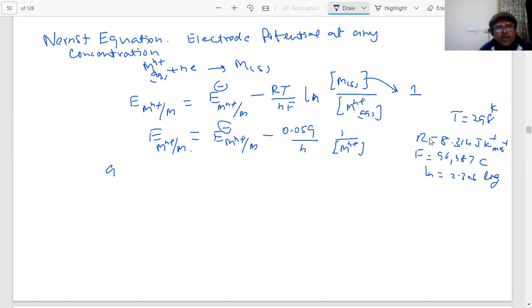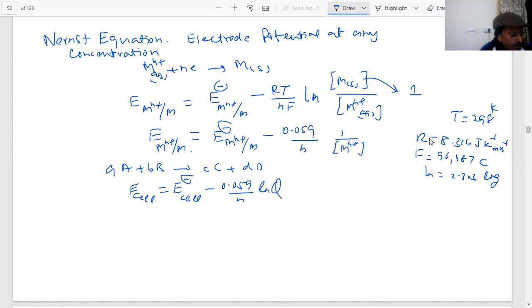For a general reaction, A plus B gives C plus D, if there is a general reaction, then you know what the general formula for this is. The general formula is given as E cell is equal to E naught cell minus 0.059 by n, and I can write ln of Q. Q is the quotient.